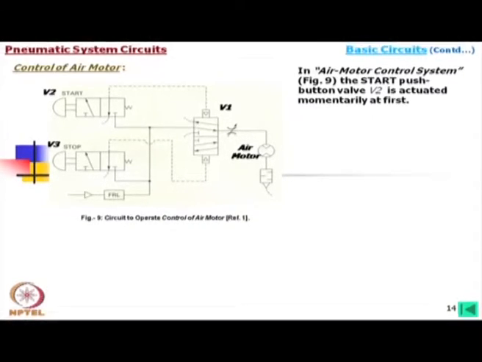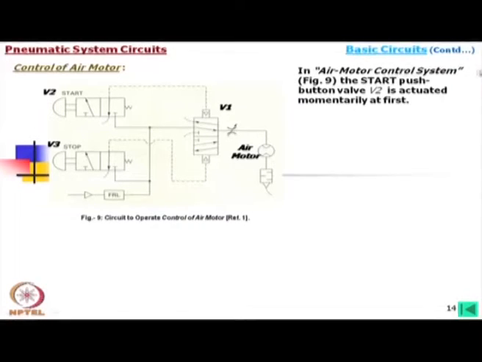In the case of an air motor, where continuous flow is being exhausted, you need a good quality muffler or silencer. In this air motor circuit we have a 4/3 DCV, and then there is one start and one stop push button type 3/2 valve.